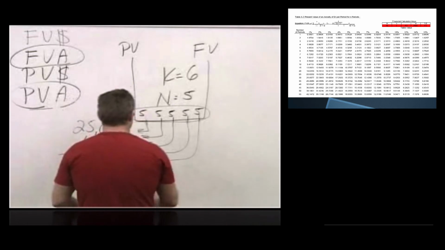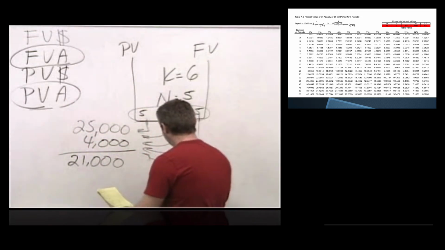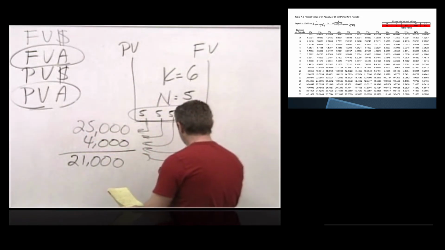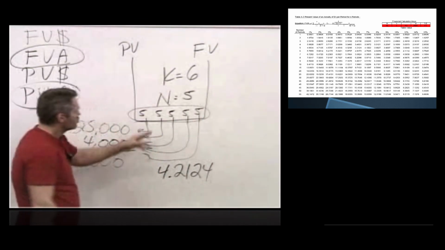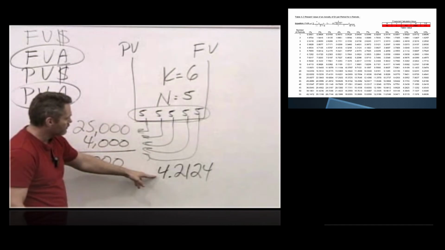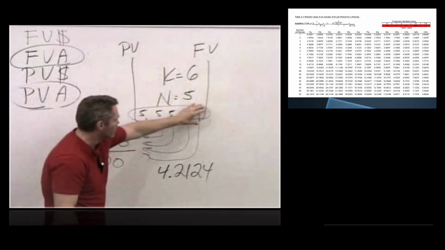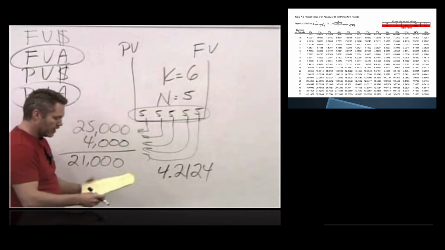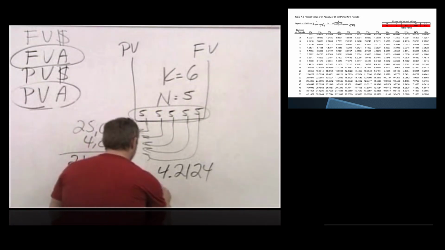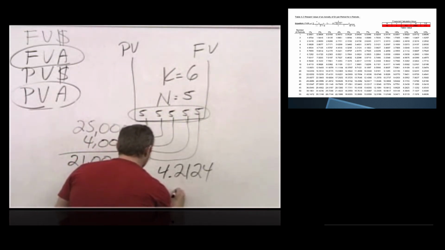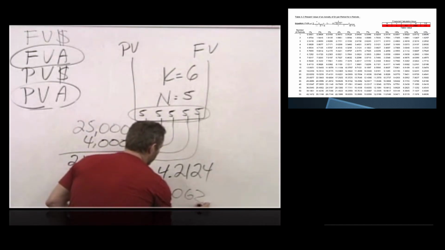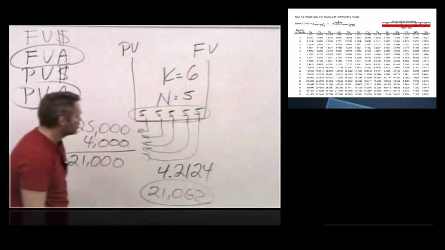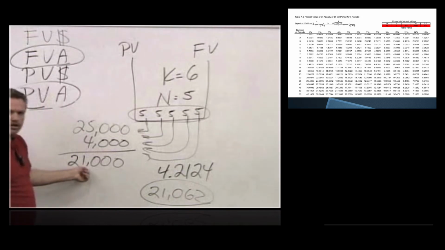And that factor is 4.2124. So I'm going to multiply 5,000 times 4.2124 to get the value of these cash flows. And when I add that up, it's worth $21,062.